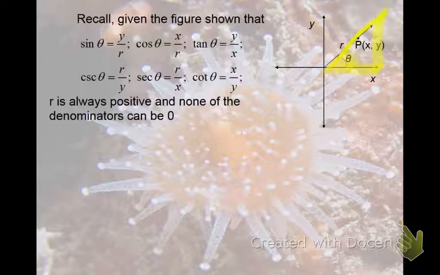Well, when we talked about the fact that this is only quadrant 1, if we move right for x and up for y, x and y are always positive. R has also been positive, but now we're going to do a little bit more with our conventions.